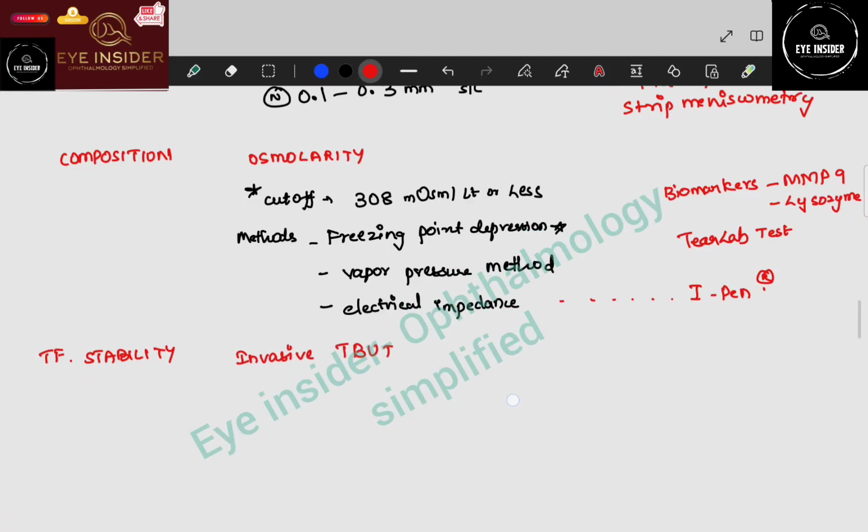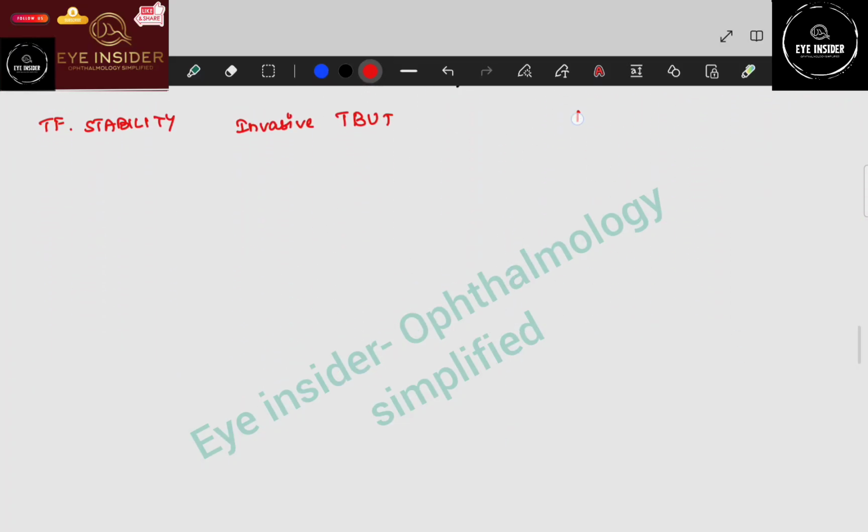Now coming to the tear film stability. The classical example is the TBUT, tear film breakup time. The invasive TBUT is done in which we use fluorescein dye.